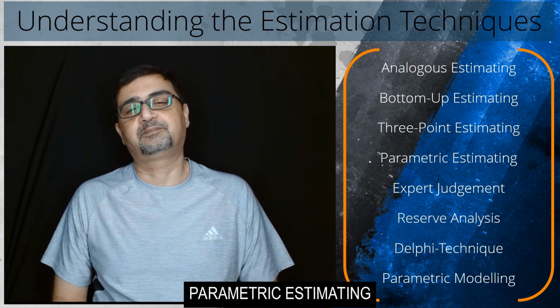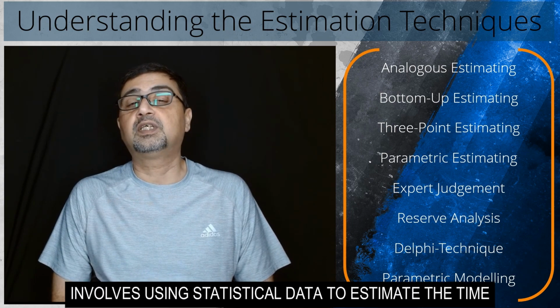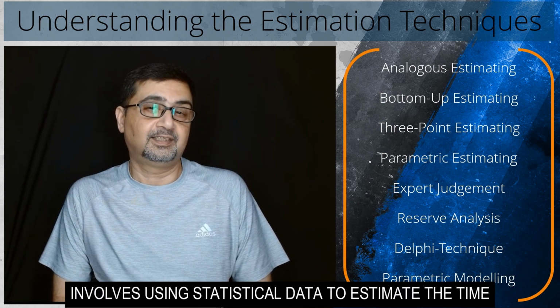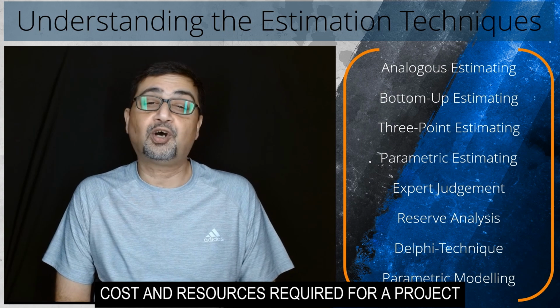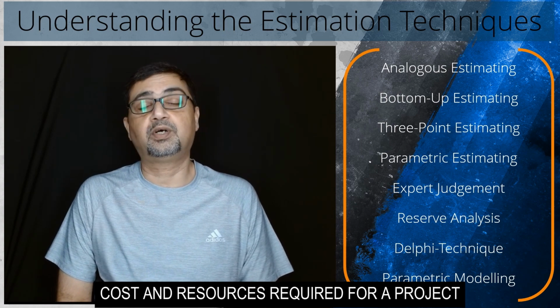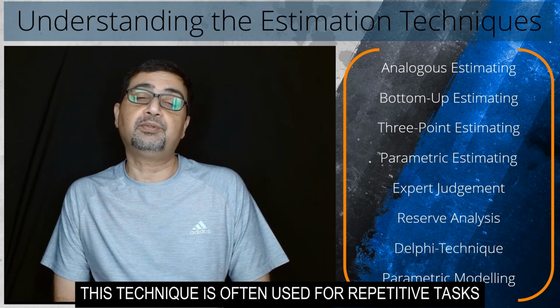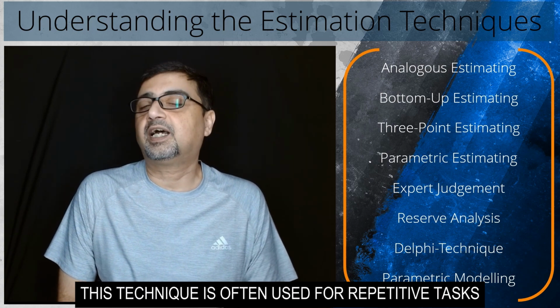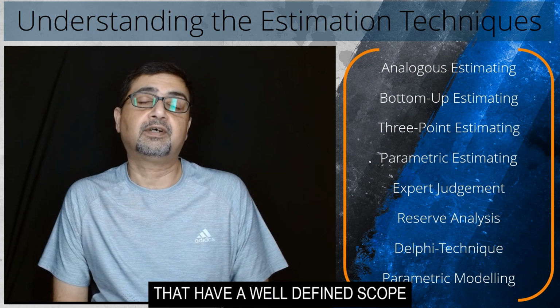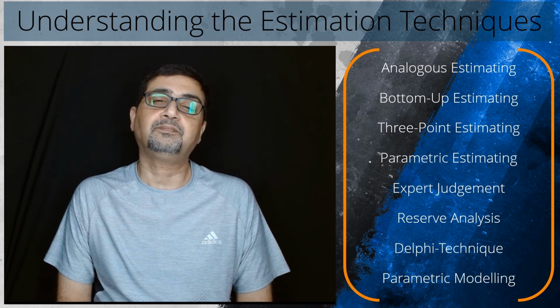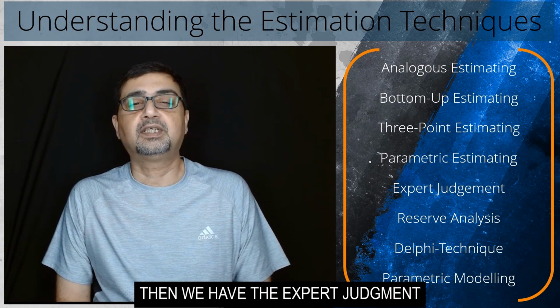Parametric estimating. This technique involves using statistical data to estimate the time, cost, and resources required for a project. This technique is often used for repetitive tasks that have a well-defined scope. Then we have the expert judgment.